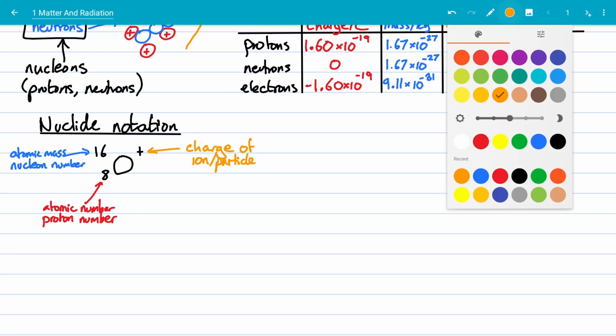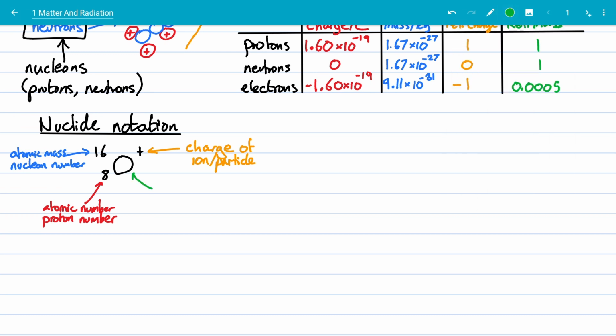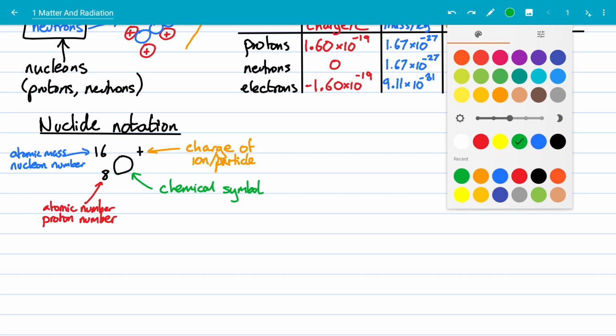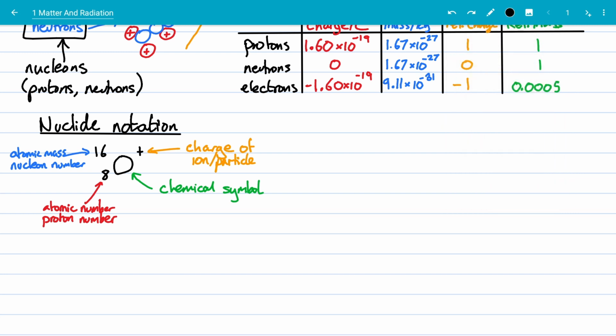And then we have our chemical symbol here. So there is some redundancy of information here because the chemical symbol tells you what the element is, and that's also determined by the atomic number. But there we go. That is the standard nuclide notation.